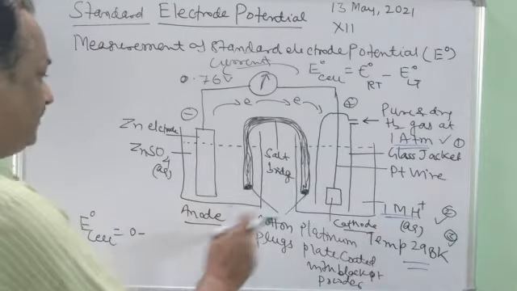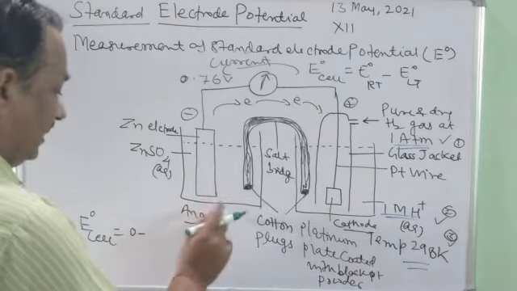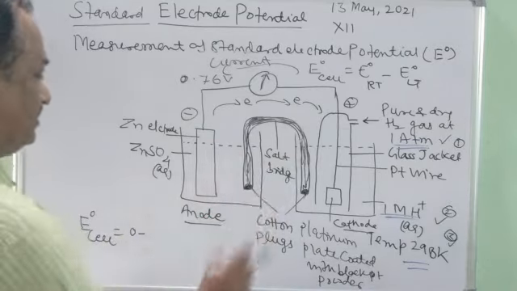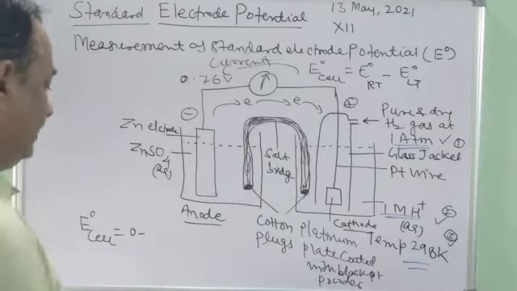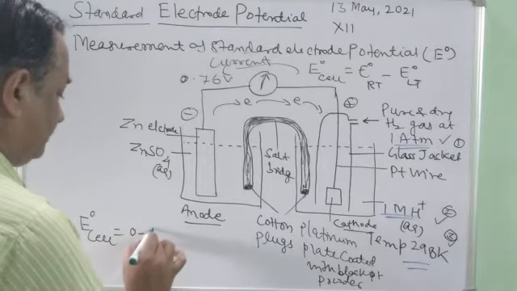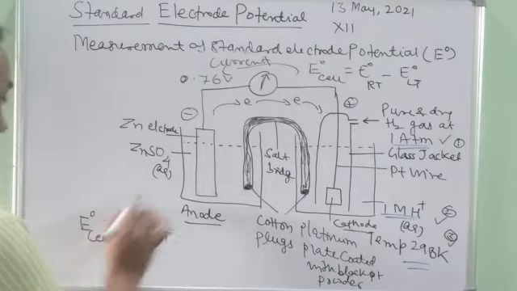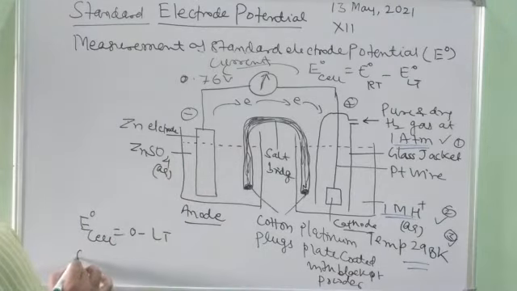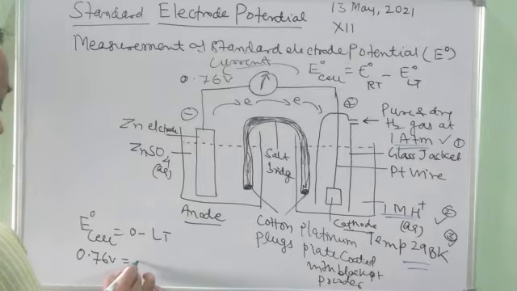And here this anodic portion, this is the left-hand point. Here it is 0.76 volt, and here it is 0.